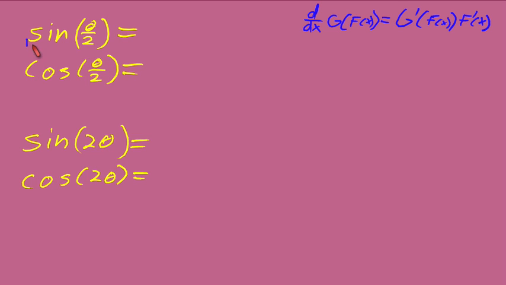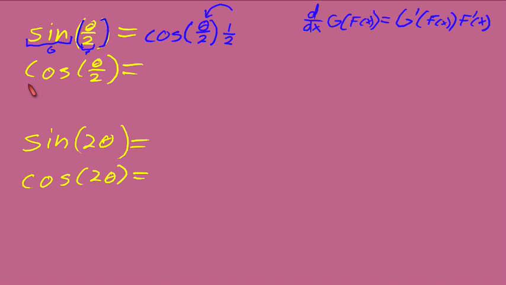So sine of theta over 2, sine will be g, theta over 2 will be f of x, or f of theta. I guess it doesn't really matter. Derivative of sine is cosine, and then we keep the original of what's in the parentheses, theta over 2. Nothing changes there. And now we're going to take the derivative of what's inside the parentheses, which is just going to equal 1/2.